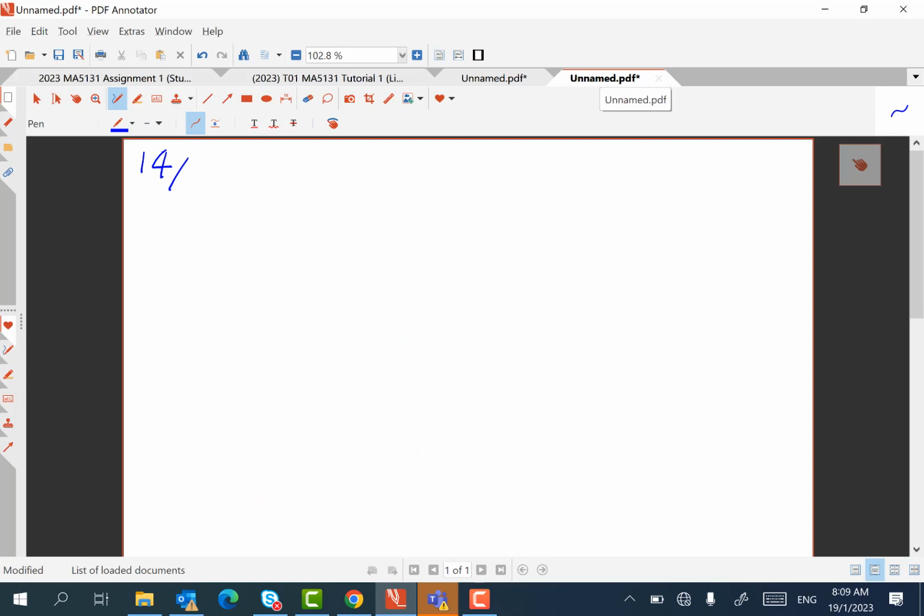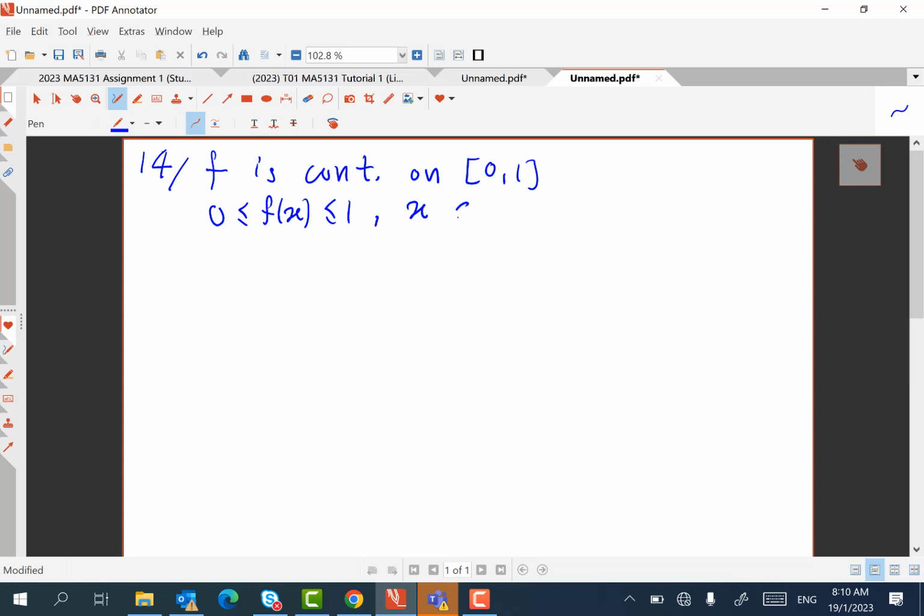Okay, 14. For question 14, you're given a function. This function is continuous on [0, 1]. And he also told us that this function is bounded within this interval for x in this domain.